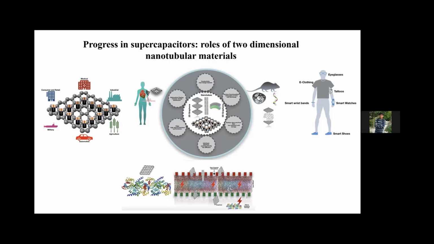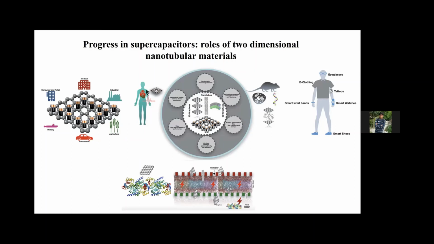So batteries and supercapacitors are used. Generally supercapacitors can be used in automotive, like electric vehicles, in agriculture, industrial, medical, consumer and retail, and in military. In all these cases supercapacitor devices are applicable.